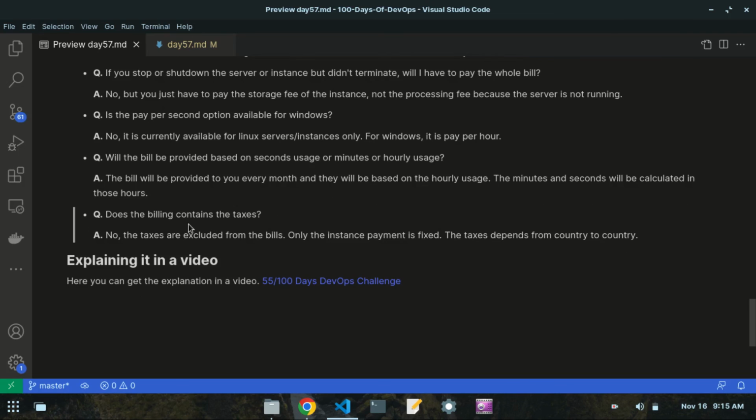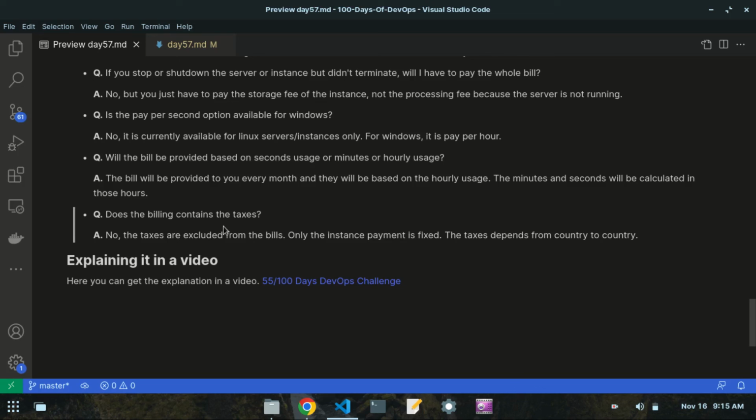Alright, does the billing contain the taxes? No, the billing does not contain the taxes. The taxes are excluded from the bills that will be provided to you. Only the instance payment is fixed. That payment will be included in the bill, but the taxes, which differ from country to country, will be calculated after that.